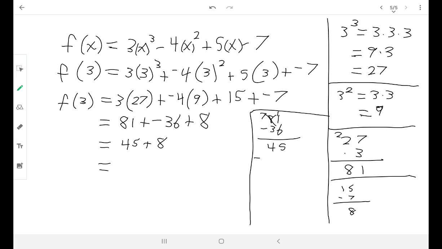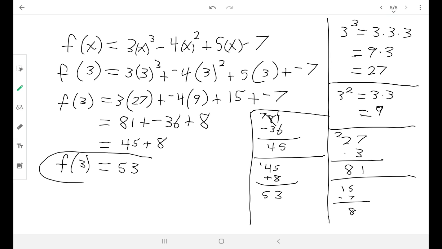And 45 plus 8, if I do that real quick, 5 plus 8 is 13, carry the 1, 8, and then 4 plus 1 is 5, so this is 53. So f of 3 equals 53. Okay, so that's that one.